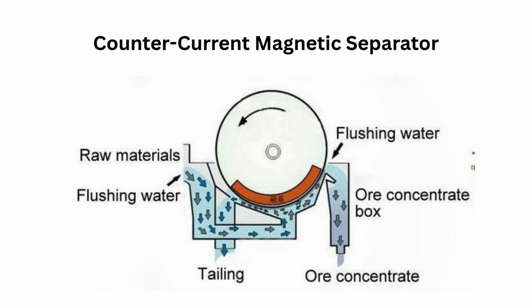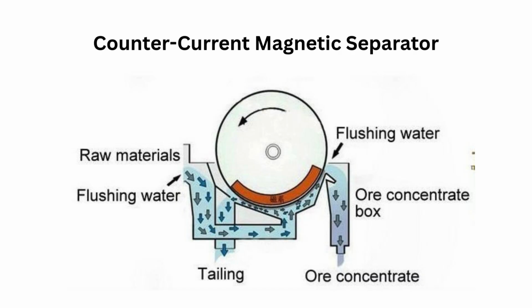In countercurrent separators, the slurry, the mixture being separated, enters the separator at one end of the drum and flows in the opposite direction to the drum's rotation. The drum has alternating poles, north and south, that create a magnetic field. As the drum rotates, the magnetic field interacts with the magnetic particles in the slurry, attracting them to the drum's surface.